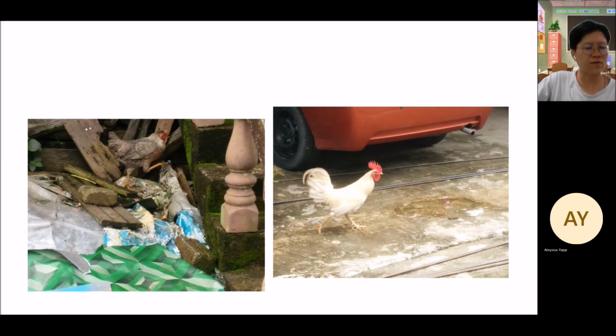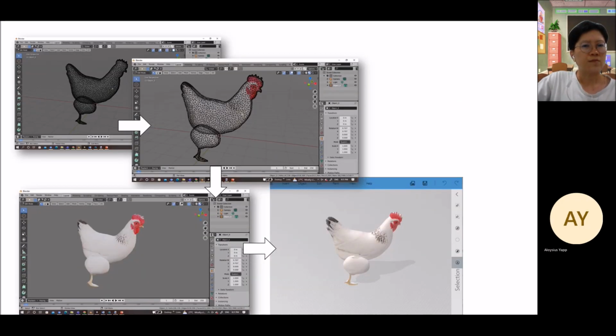In our plan, we're also going to add some chickens. These are photos of the chickens that we took during our field trip. Based on that, the 3D model for the chicken is created. Later on, we will try to add AI to the chicken.